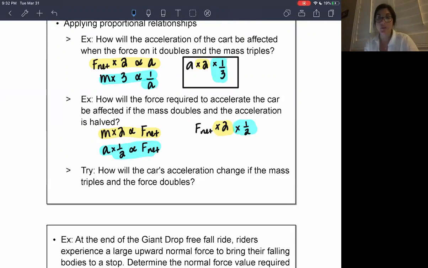So I could leave my answer as this, but as I'm looking at 2 times 1/2, I'm noticing that that goes away because 2 times 1/2 is the same thing as 1, because half of 2 is 1. So my net force actually is unaffected. It just stays the same because multiplying by 1 doesn't change the value of this number. So either answer is an acceptable way of explaining what's going to happen to net force.